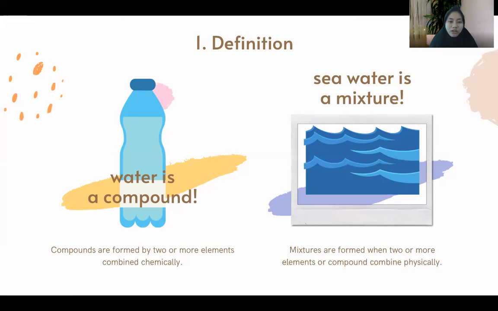As we know, water is made of hydrogen and oxygen, and when hydrogen and oxygen are combined chemically, they make a chemical bond, while in seawater, the mixture is combined together, it's just mixed, not making a chemical bond.